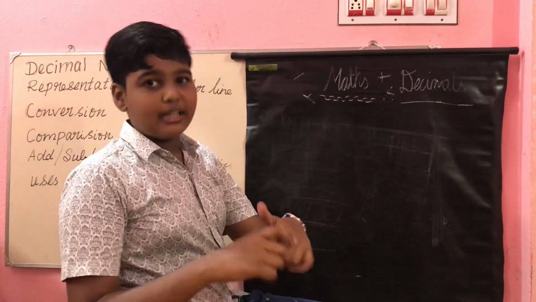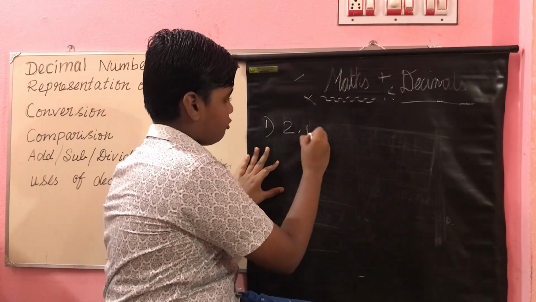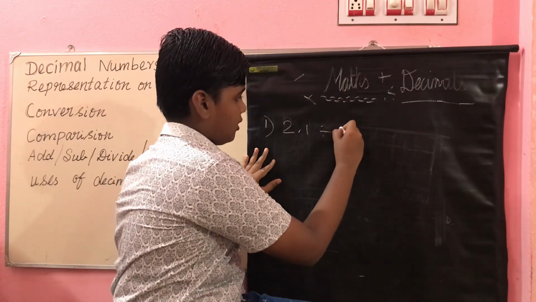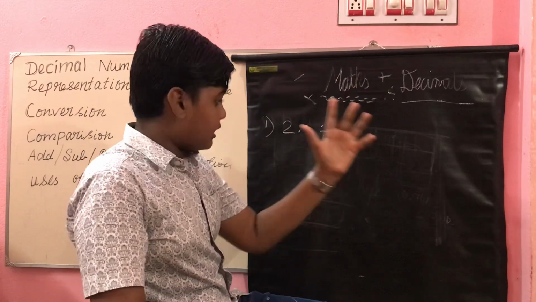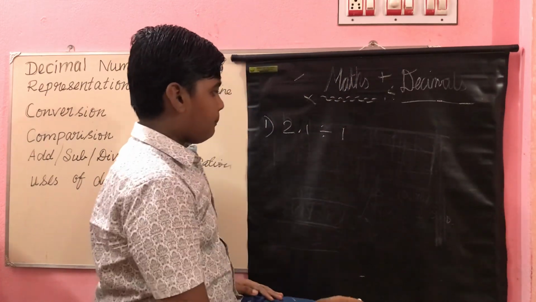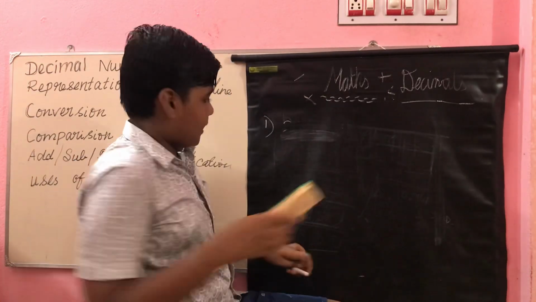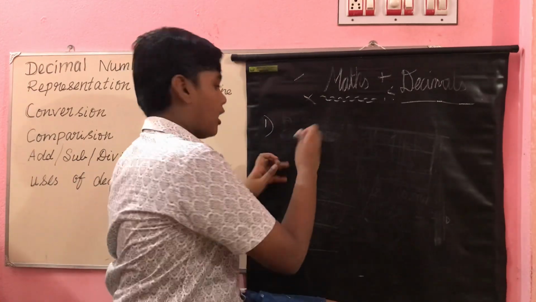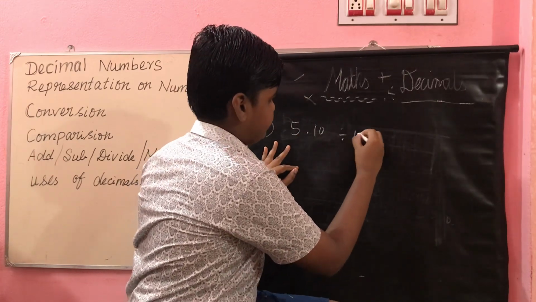So now what about division? Very easy. First we will learn to divide with natural numbers, whole numbers. Then we can go to decimal numbers. 5.10 divided by 4.